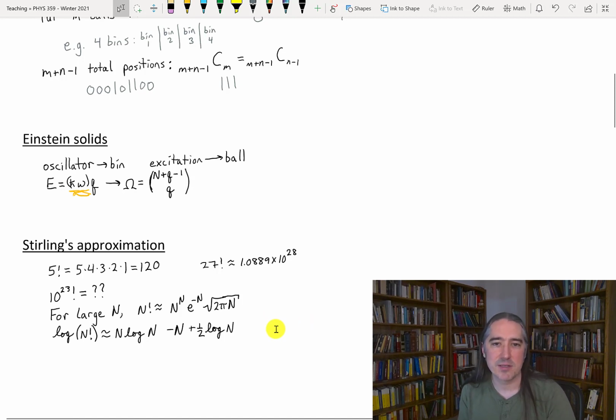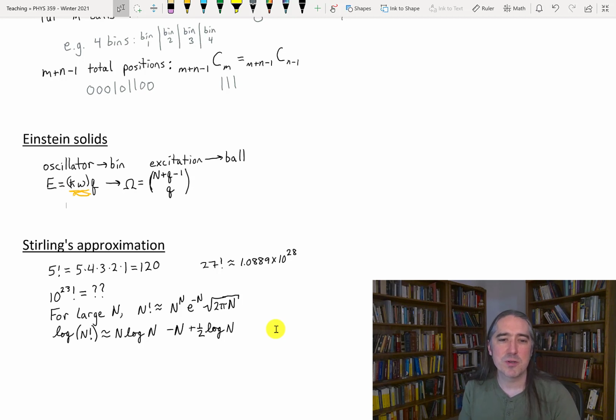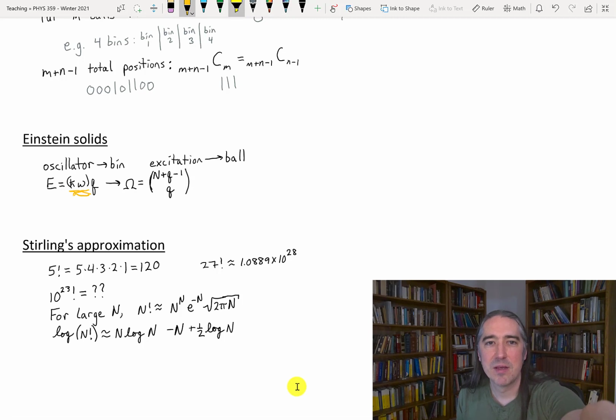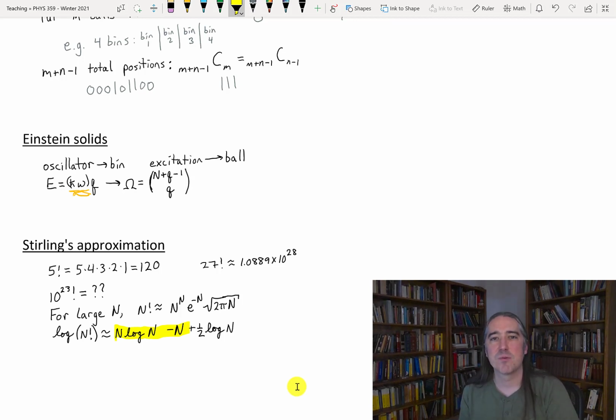So we just drop the constant when we take the logarithm. And in fact, usually we're talking about n's that are so big that even the 1/2 log n is negligible by comparison. And so frequently we'll be using even just this as our approximation for log of n factorial.